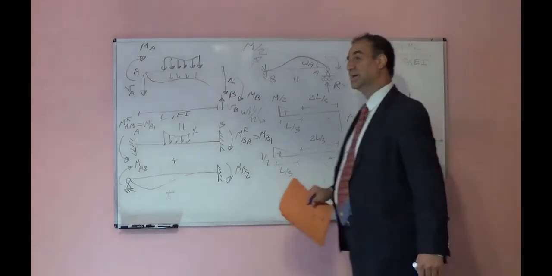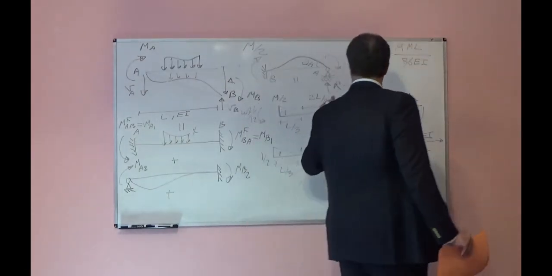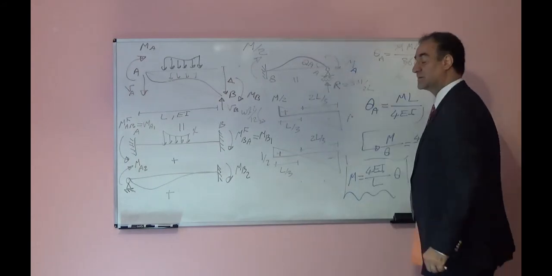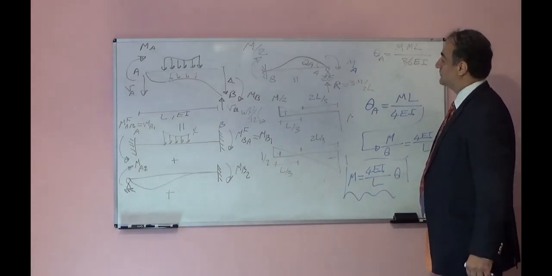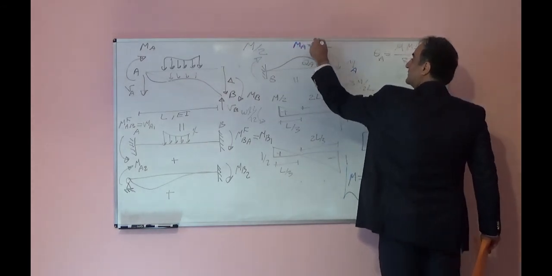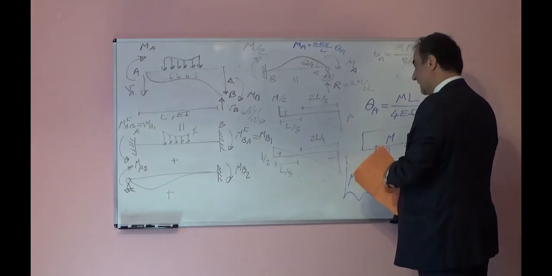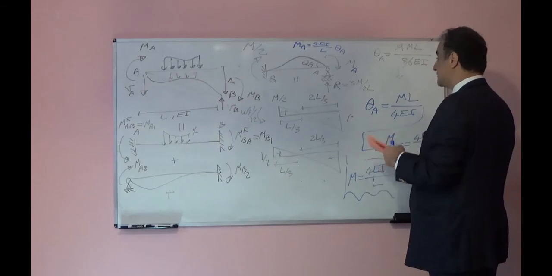So, if I apply moment M here, I call it, for example, MA. We will have rotation here, I call that theta A. The relationship between MA and theta A will be this relationship. MA is equal to 4 EI over L theta A. I found that using the virtual work method. It is an easy procedure.